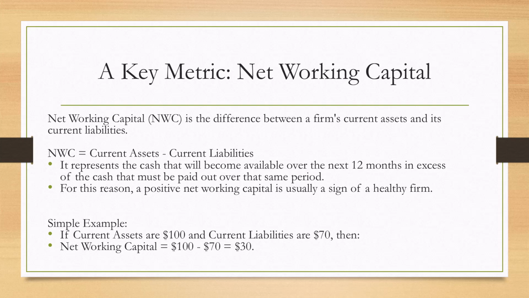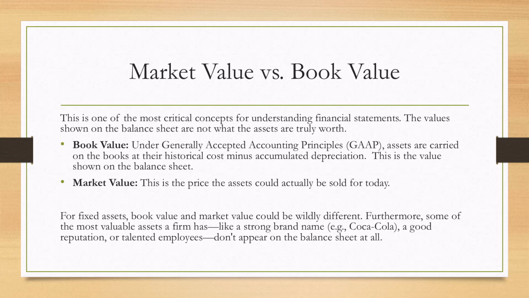For this reason, a positive net working capital is usually considered a sign of a healthy firm. For example, if a company has current assets of $100 and current liabilities of $70, its net working capital would be $30.